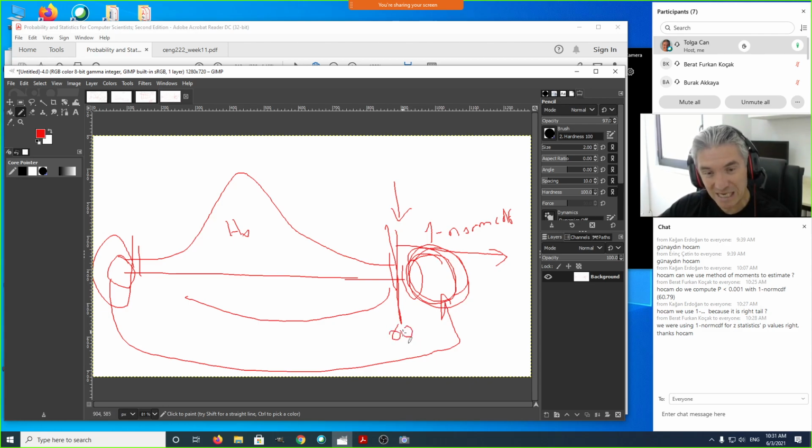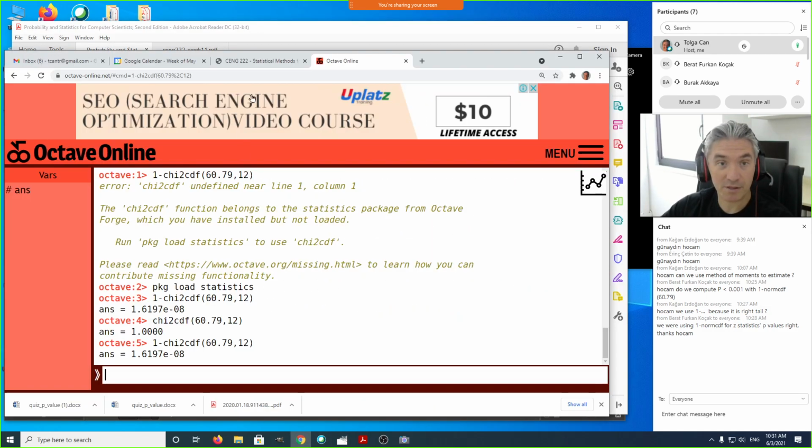So this 60 was a really large number, and the p-value, the probability to obtain a more extreme value under the assumption of the null hypothesis, is really, really, really small, as you can see here. Therefore, we reject the null hypothesis in favor of the alternative hypothesis, which tells that they're dependent. So they're most likely dependent.